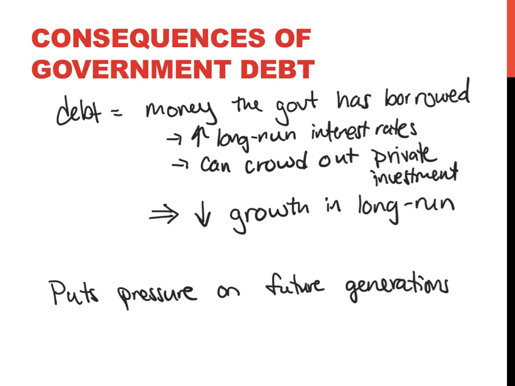People don't trust them anymore, and it becomes very difficult for them to borrow money in the future, much more expensive and costly. So that's why it basically delays these consequences and puts the pressure on future generations to have to deal with that debt burden.